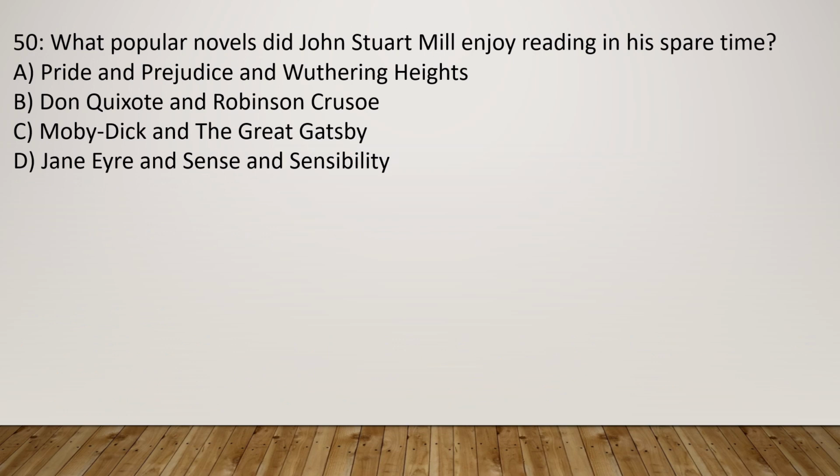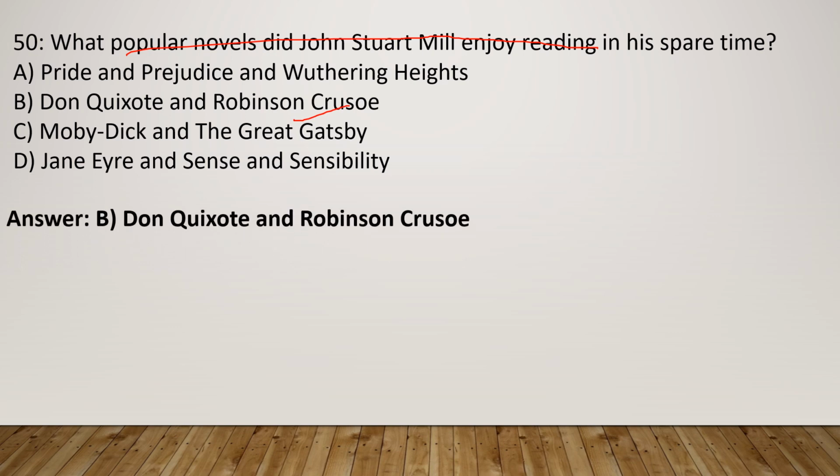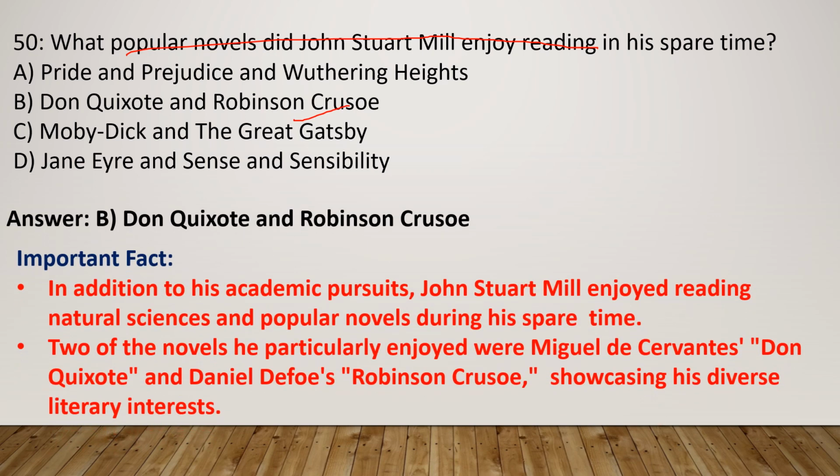What popular novels did John Stuart Mill enjoy reading in his spare time? Don Quixote and Robinson Crusoe. Option B. In addition to his academic pursuits, John Stuart Mill enjoyed reading natural sciences and popular novels during his spare time.